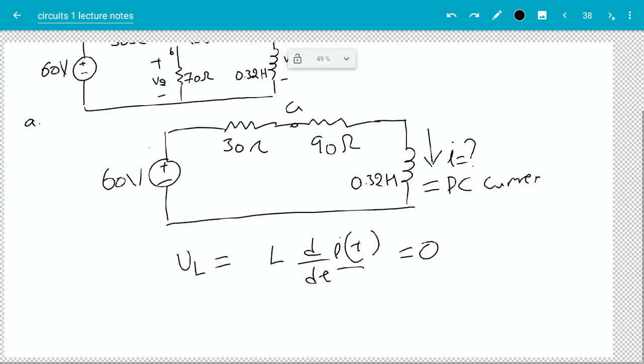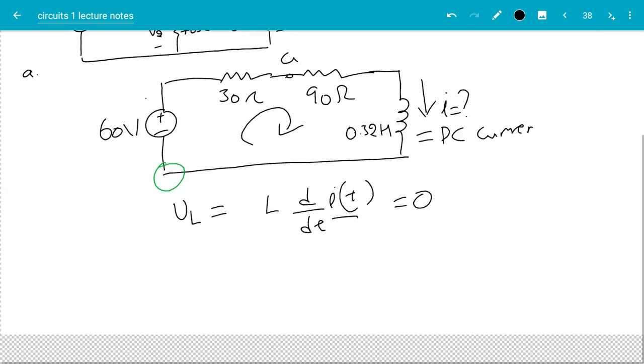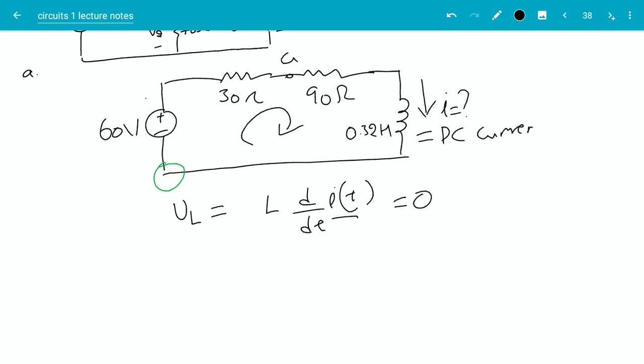Then I can do KVL in this loop. I'm going to start at this point, come back to this point, going clockwise. Sum of all voltage drops equal to 0.